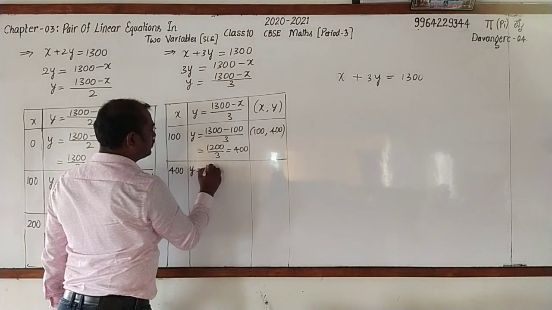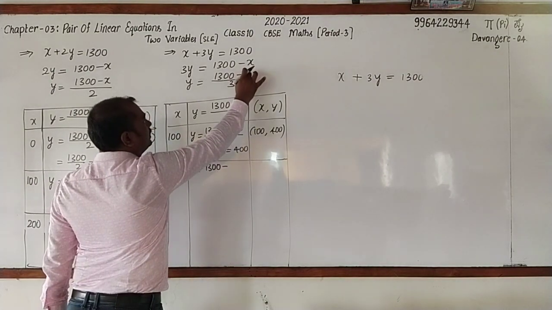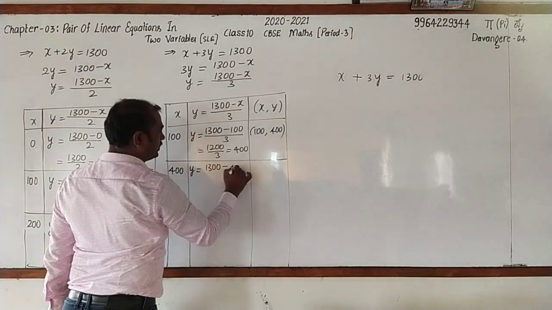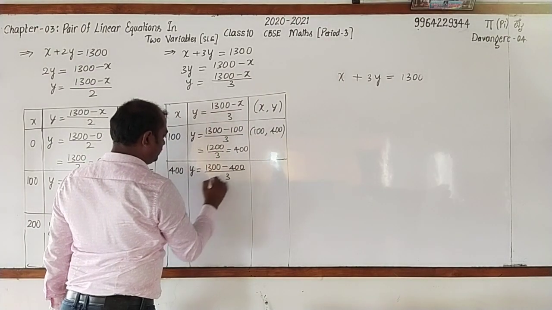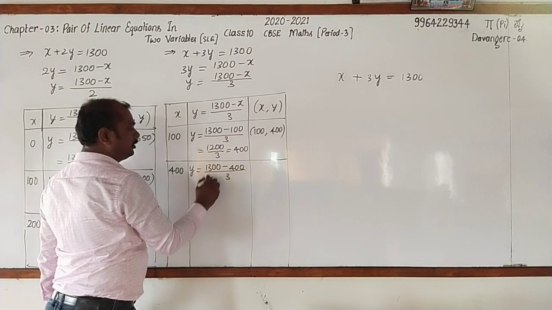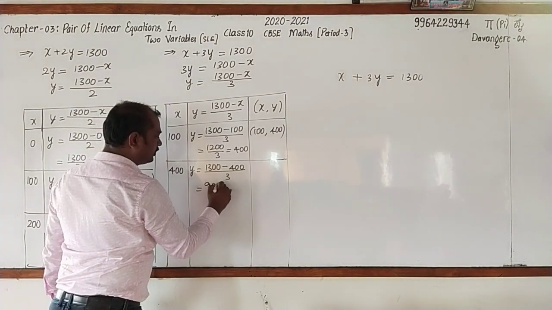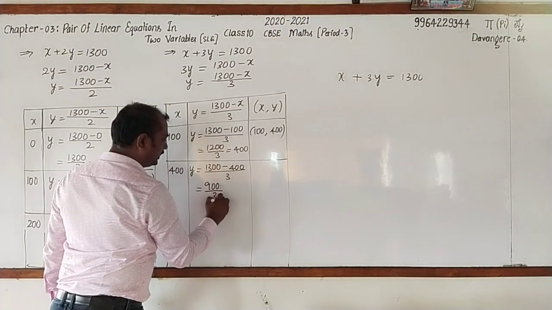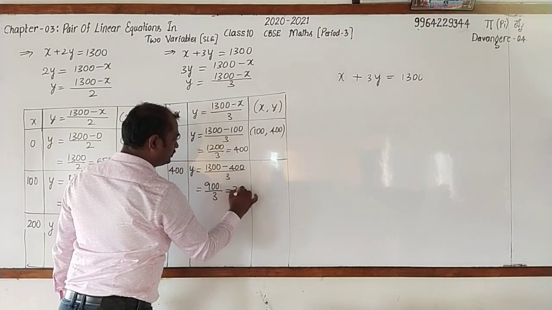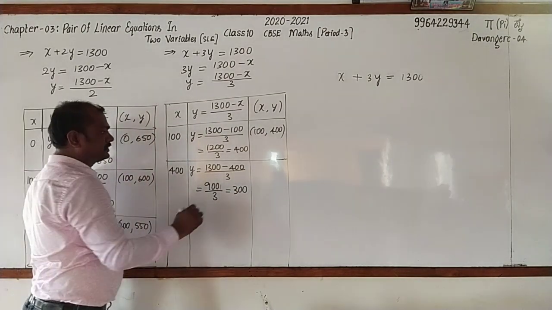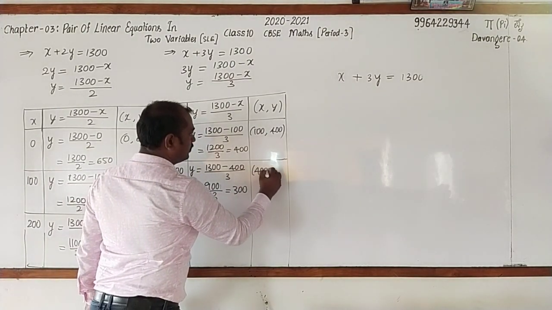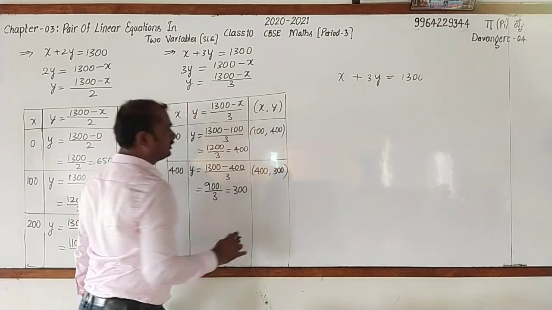Here I'll write y equal to (1300 minus x) divided by 3, with 400 in place of x. This is equal to, how much is it? This is 900 by 3. It is equal to 300. When x is 400, y is 300.